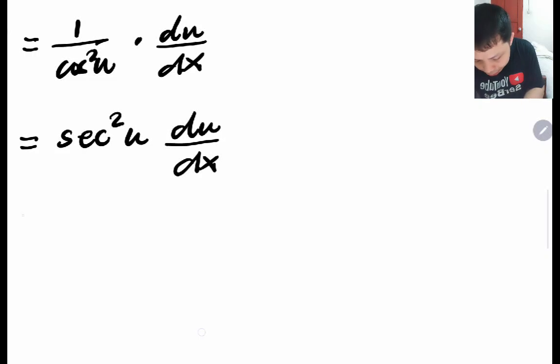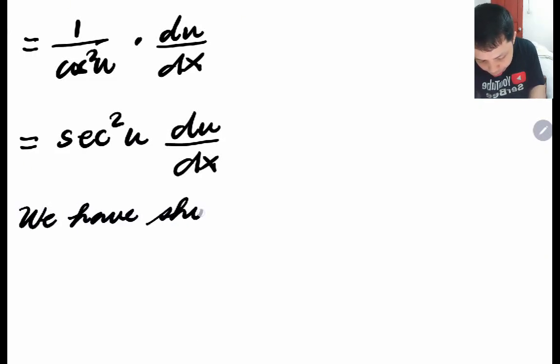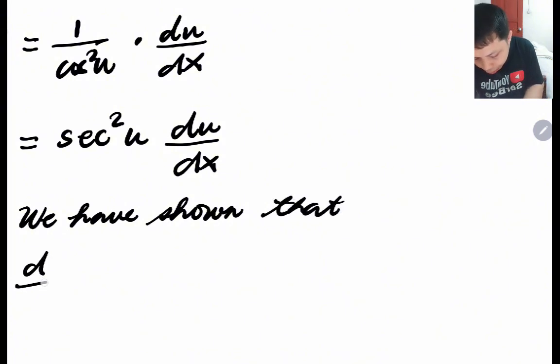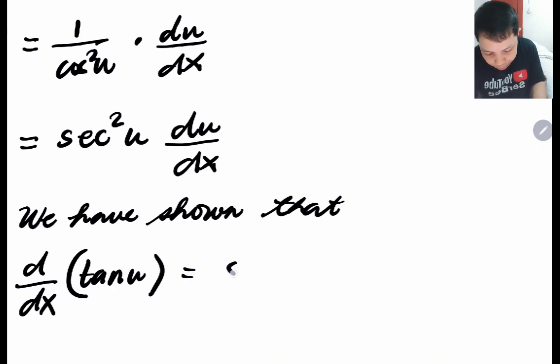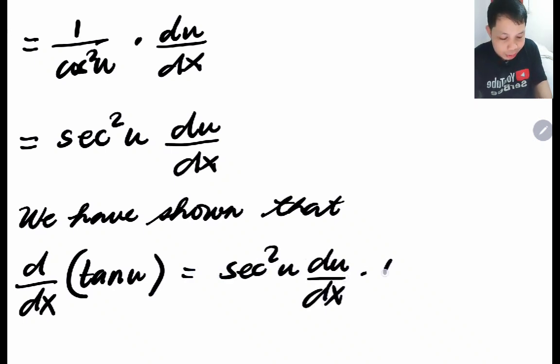So hence, we have shown that the derivative of tangent of u is equal to secant square of u times du dx. So that ends the proof. Okay?